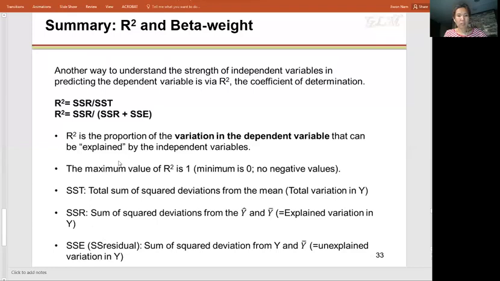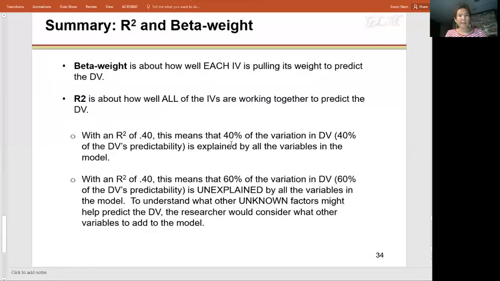So you can read this definition. Beta weight is how well each independent variable explains. R square is how well all of the independent variables are working together to predict the dependent variable.